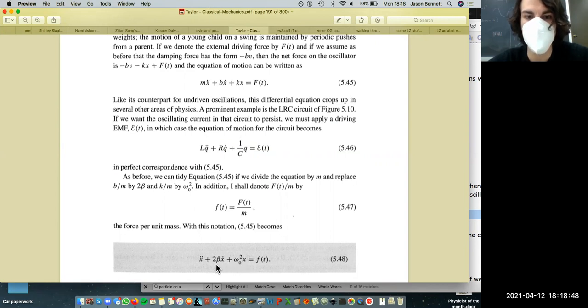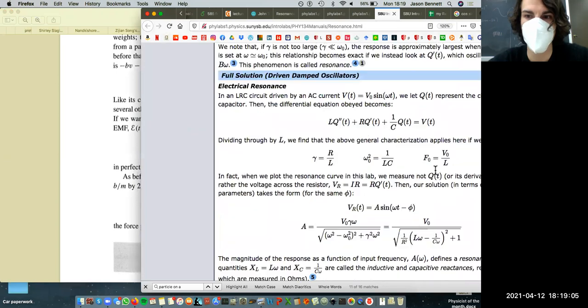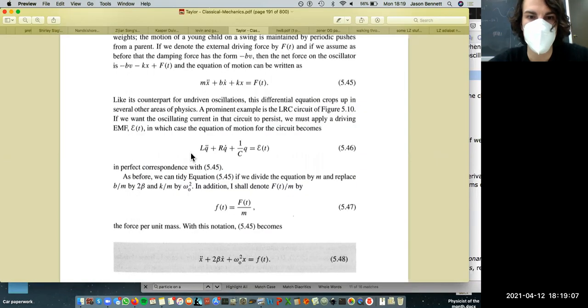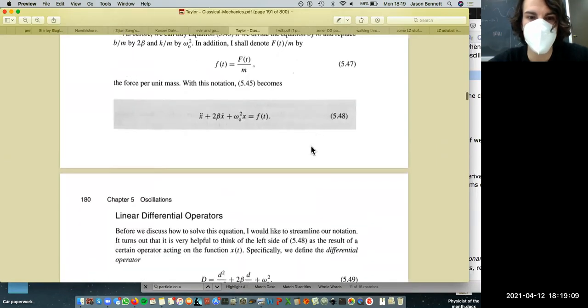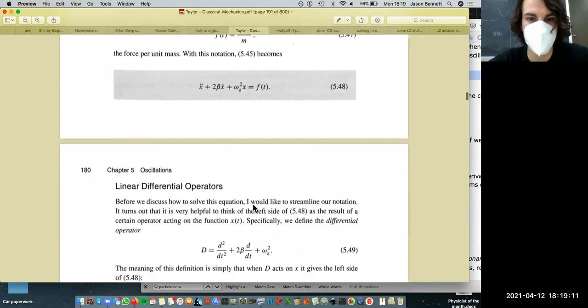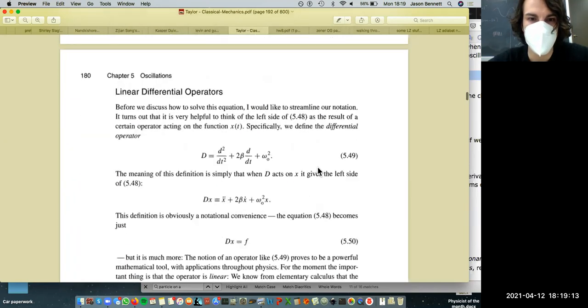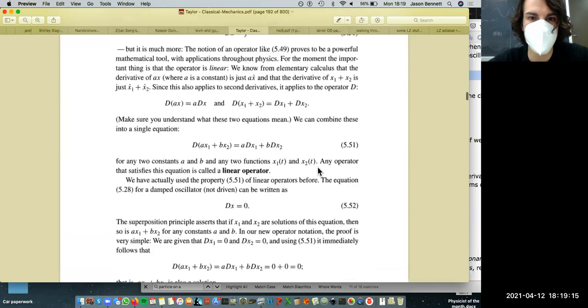And ignoring this 2, this gives us that damping constant. So here we've divided everything by m, and we've called this the force over the m, this coefficient like force per unit mass, where over here we do the same thing, force per unit inductance. So the next step is, let me get past this. It's formal, but I think it's easier to learn by doing.